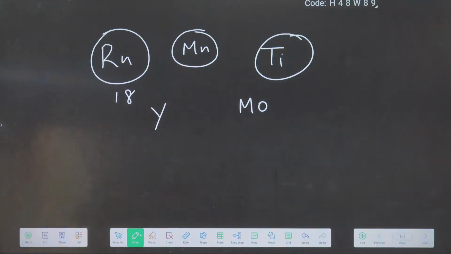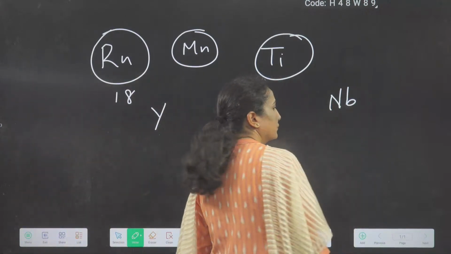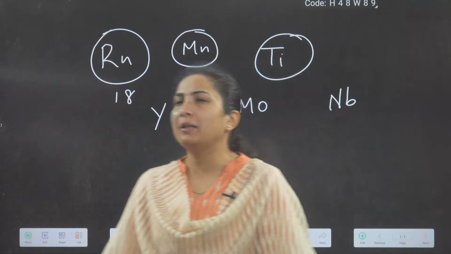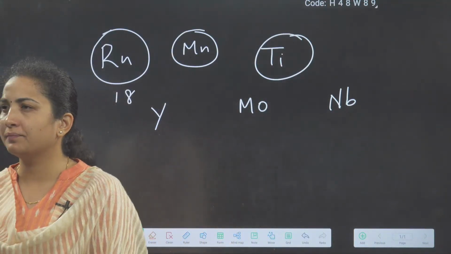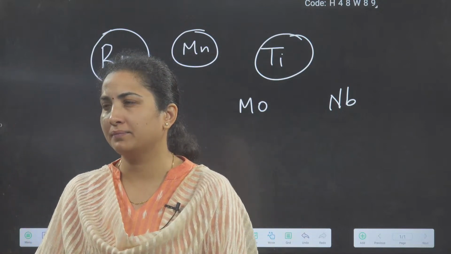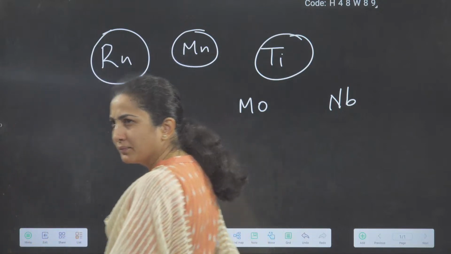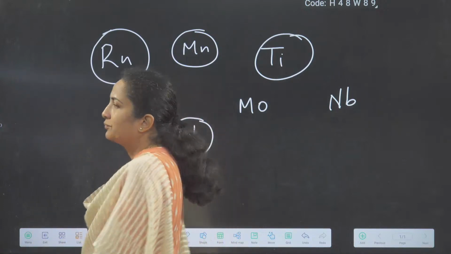Niobium is Nb. Very good. Tell me about rhodium. Symbol of rhodium. Good. It is Rh. Rhodium.